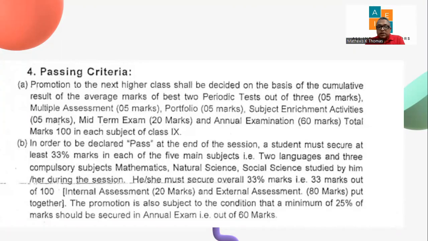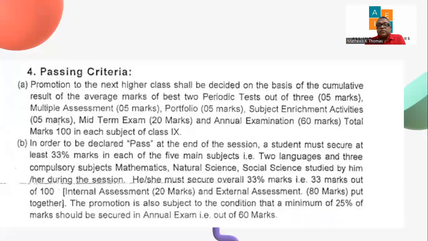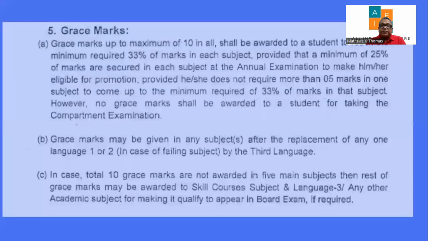But the promotion criteria clearly says that promotion is subject to a condition that a minimum of 25% of the marks should be scored in the annual exam, right? So this is a catch here. 25% has to be scored minimum. If the child is not scoring 25%, then the child has to appear for a compartment exam.